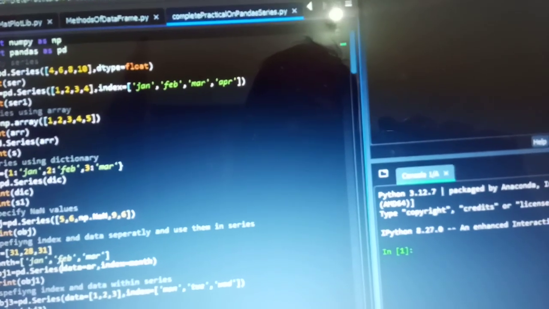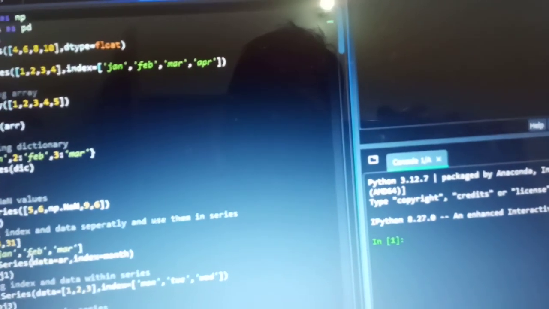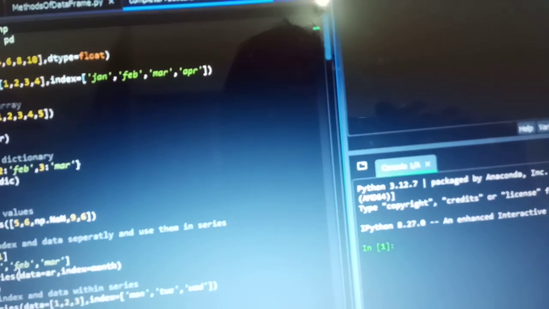And there are various types of operator tokens. First one is the arithmetic operator, in which we use plus, minus, multiplication, division, modulus. Then the assignment operator is there, that is the equal to sign, plus equal to, minus equal to.